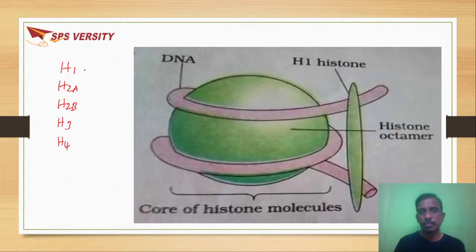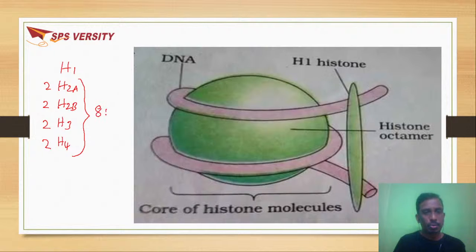There are 5 types of histone proteins: H1, H2A, H2B, H3, H4. So 2 molecules of H2A, 2 molecules of H2B, 2 molecules of H3, 2 molecules of H4.